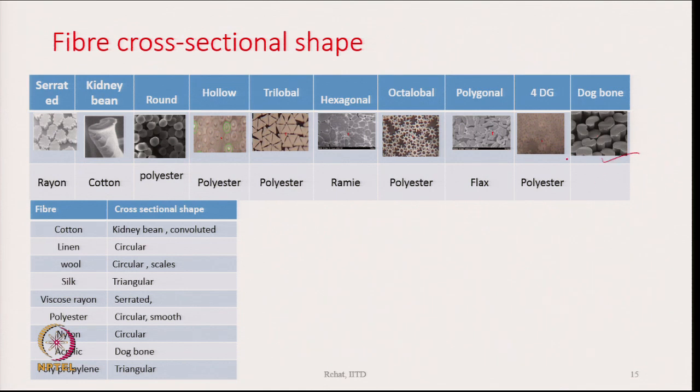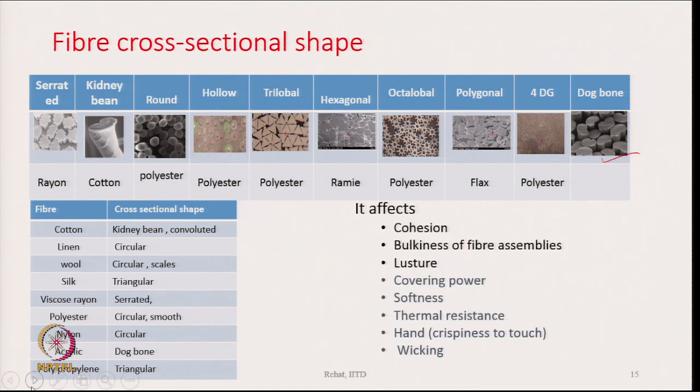So many types of shapes are there for different fibers, and the point is whether the cross-sectional shape really matters or not. It does matter, and therefore, we will see what properties can be affected because of cross-sectional shape. The cross-sectional shapes of different fibers are listed in the table also, just to give you some idea.